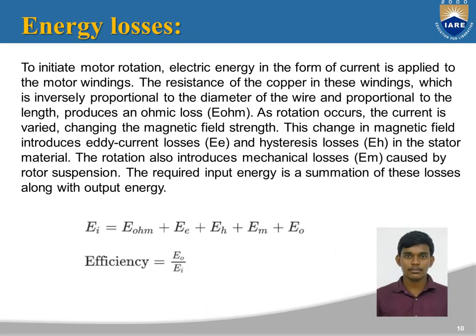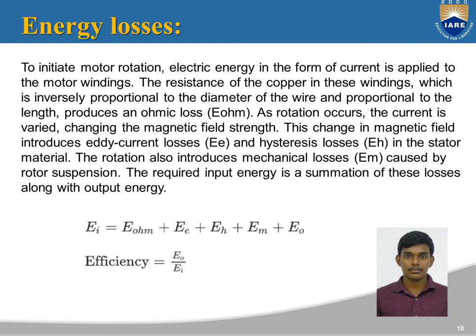And here is some information about energy loss, because energy loss is key to increasing the drive system efficiency of motors. Without knowing the losses, we can't calculate the efficiency of the motors.